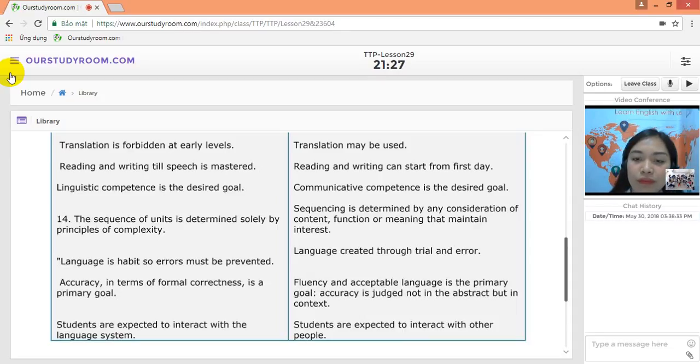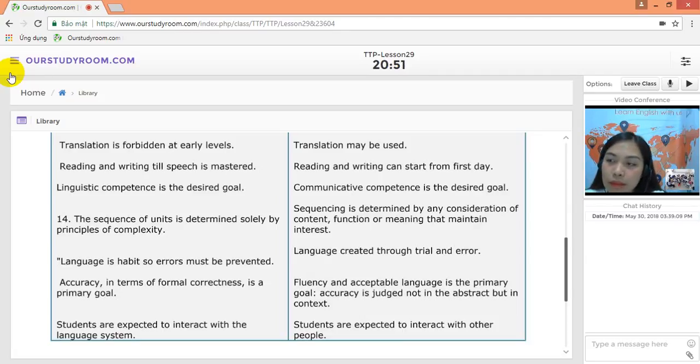I think audiolingual is concentrated on the structure and the form when the speaker speaks, and the listener can understand how to say structure and form. But in communicative, meaning is as important, not only structure and form.